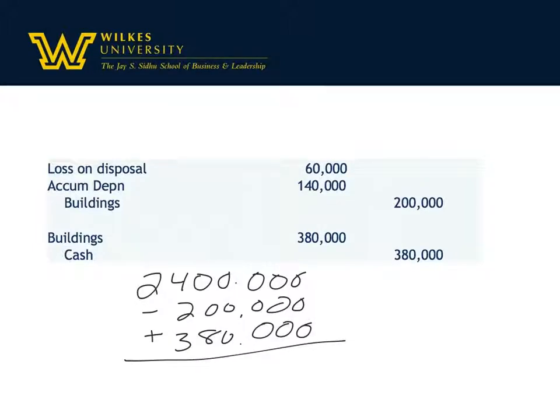So the new cost of our building is going to be $2,580,000. We would subtract our estimated salvage value to come out with our new depreciable base. And whatever we have there, we would divide by 25 to come out with our new depreciation going forward. And that's how you're going to handle the disposal of a component.